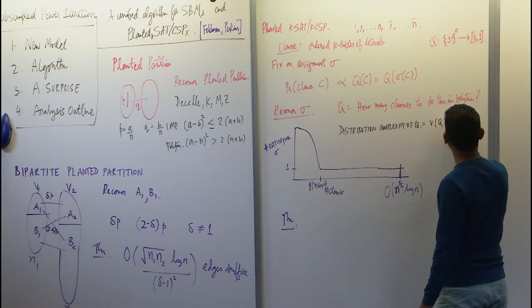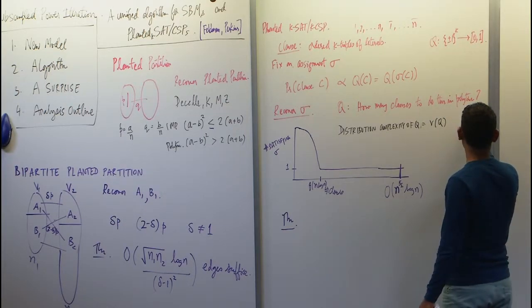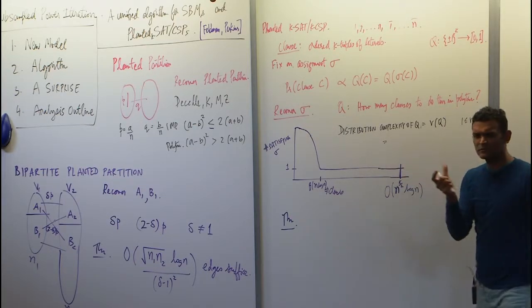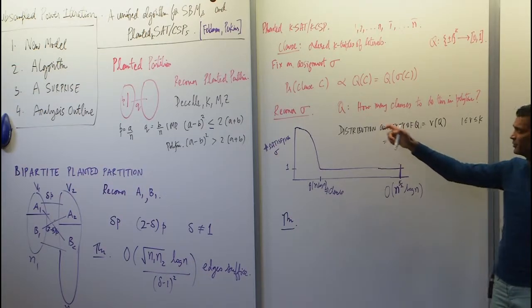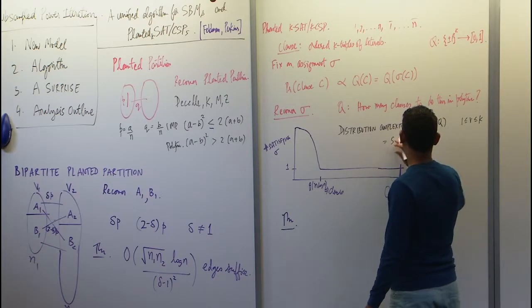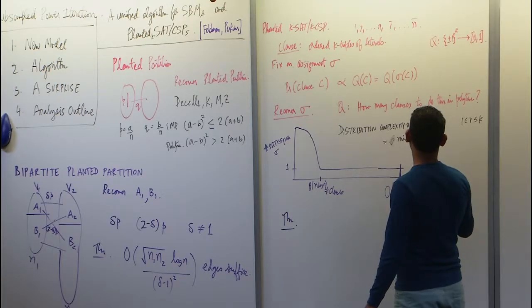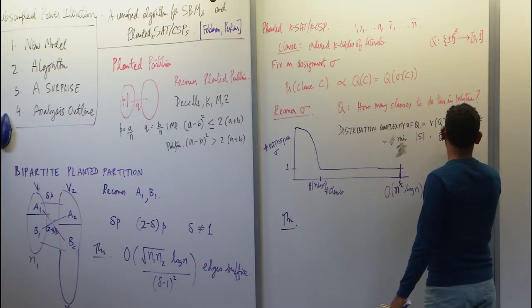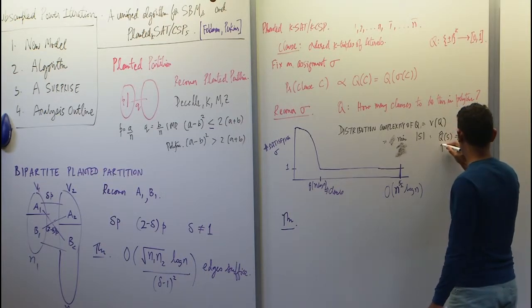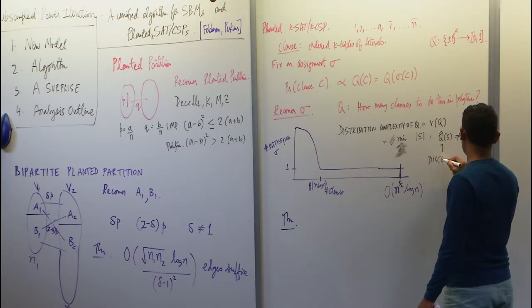R of Q will be an integer between 1 and k, and it's the size of the smallest non-zero discrete Fourier coefficient of Q. So the minimum size of S where Q hat of S is not equal to 0. This is the discrete Fourier coefficient.